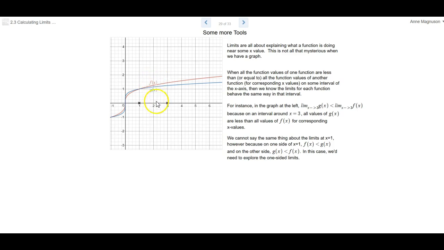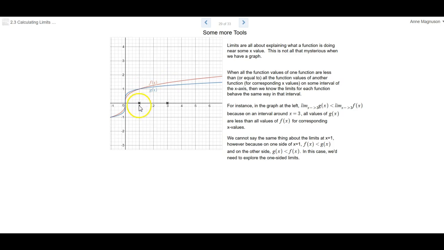It just makes sense. For example, the limit as x approaches 3 of g of x is going to be less than the limit as x approaches 3 of f of x, because all the y values of f are greater than all the y values of g around x equals 3.